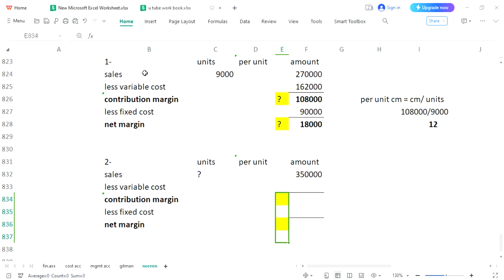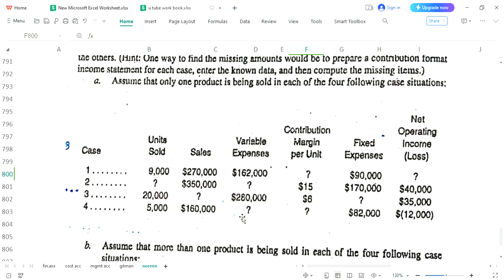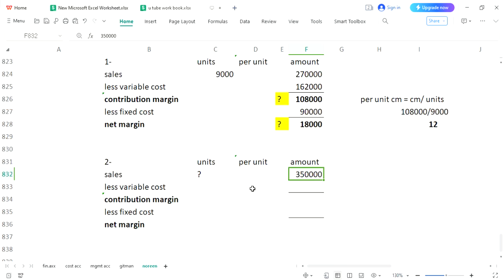So 3,50,000 is put over here, and let's see what else is given in the question. We have in the second case variable expenses also with a question mark. So here you can put a question mark as well.